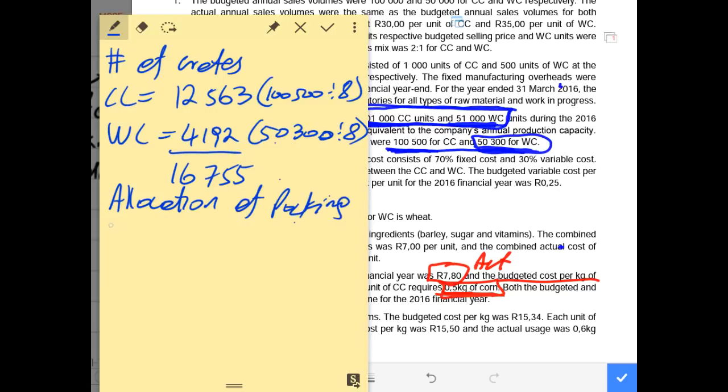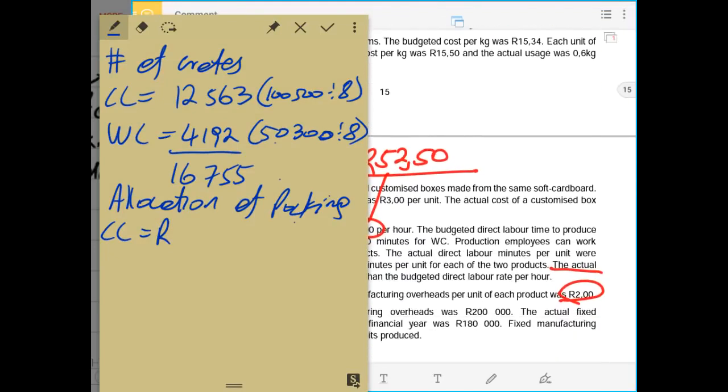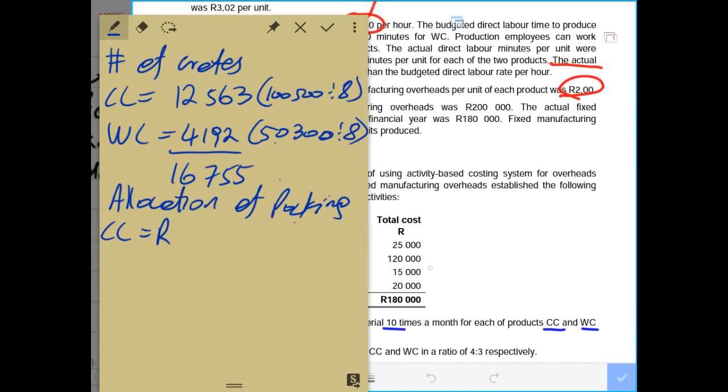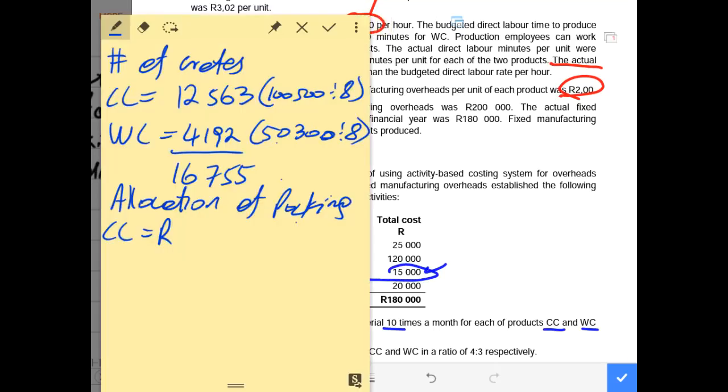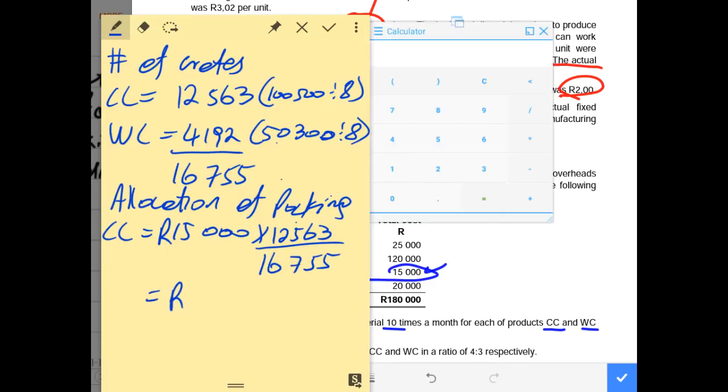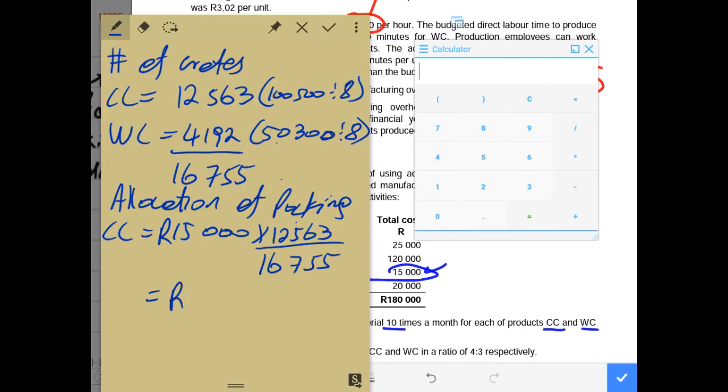The packing cost will be allocated to product CC. We have to look at how much is the cost to pack. The cost of packing is 15,000 rands, which is the packing process cost that we are allocating to our two products. Then we say 15,000 times the number of crates, which is 12,563, divided by the total of 16,755, and that will give us the allocation of that 15,000 to product CC.